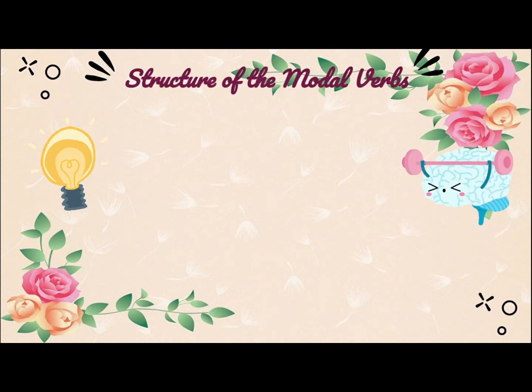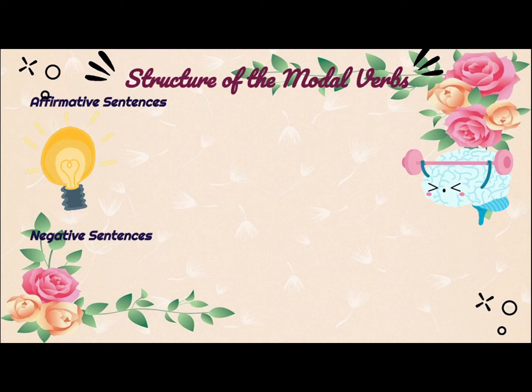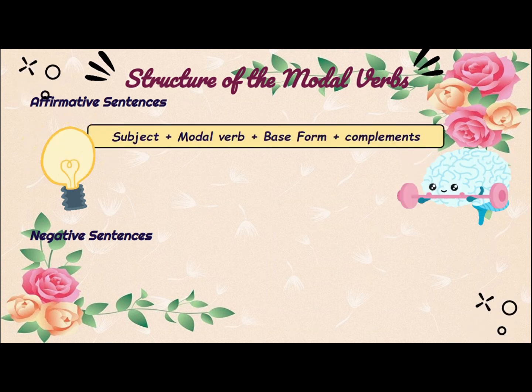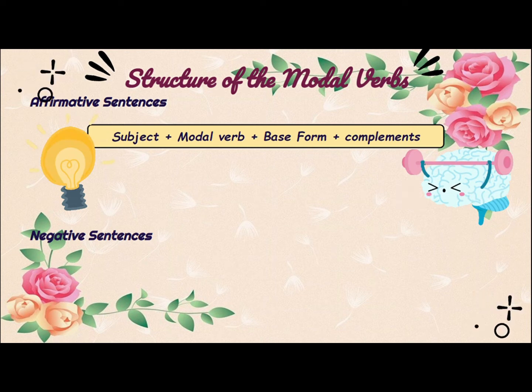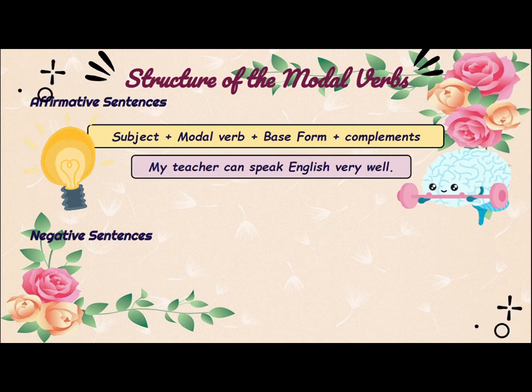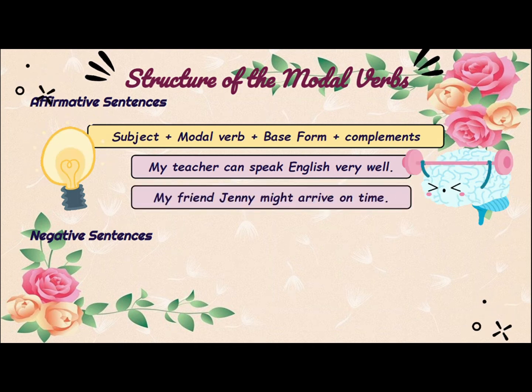For affirmative sentences, we use the following structure: subject plus modal verb plus base form plus complements. For example, my teacher can speak English very well. He can speak English perfectly. Another example, my friend Jenny might arrive on time.